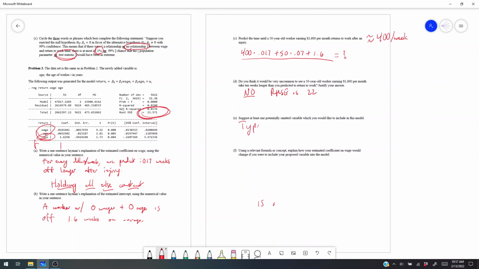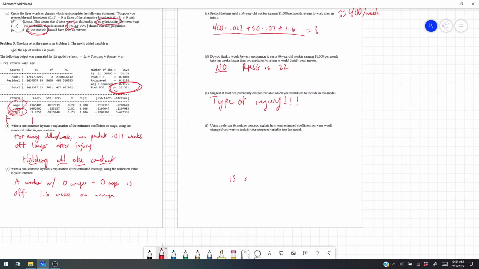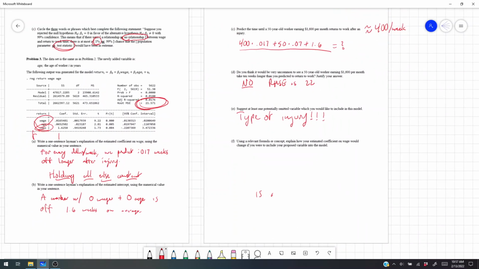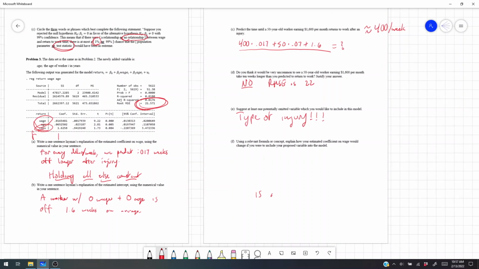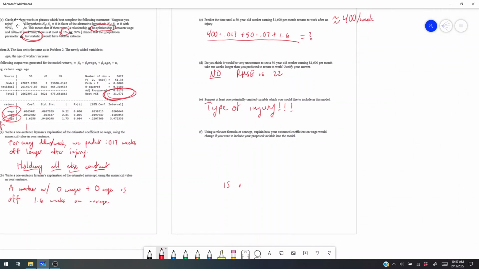Type of injury. Now, in a sample of 5,000 people, is it likely that we have a bunch of people with the same types of injuries? No, there are a lot of different ways you could hurt yourself.